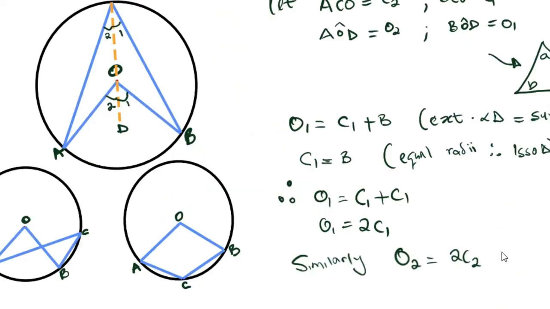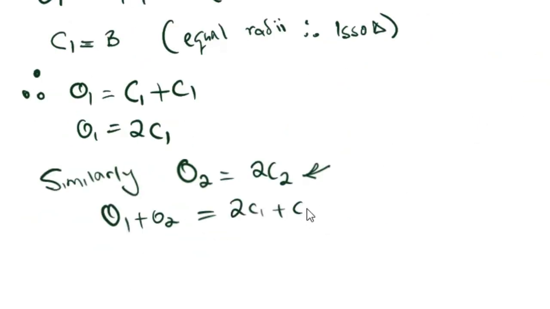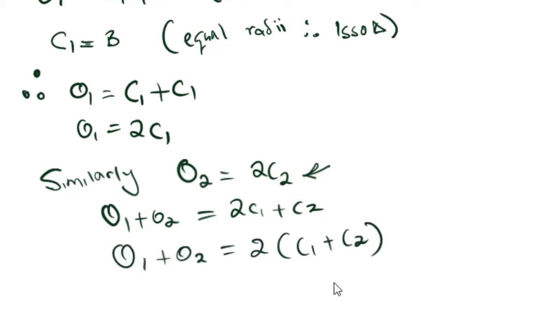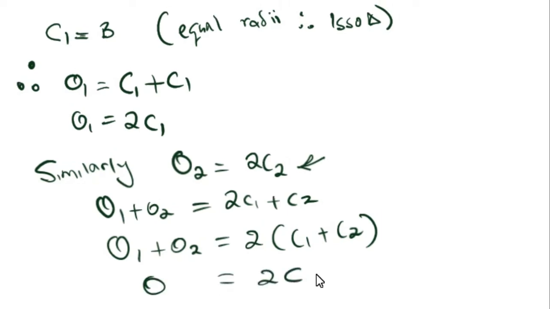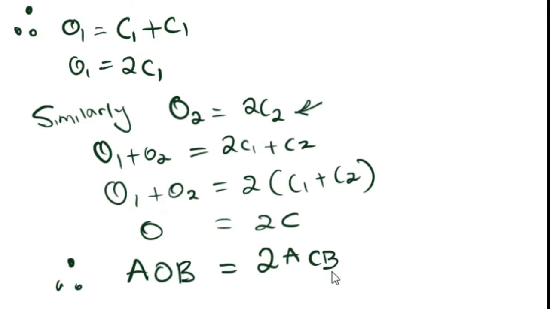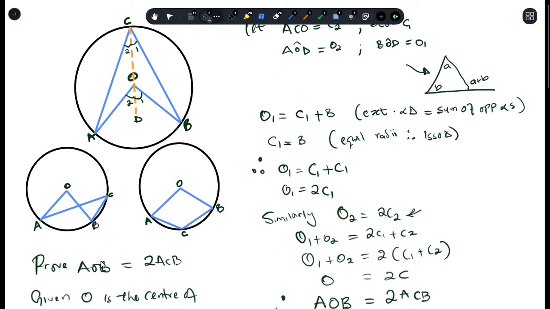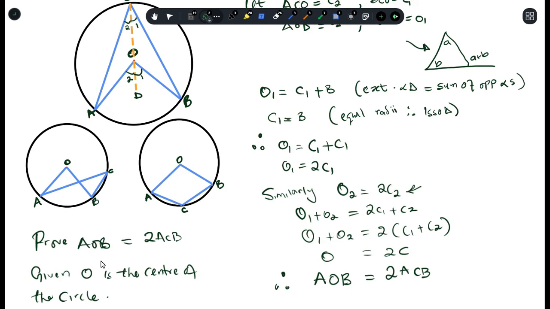So after we've gotten O1 is equal to 2C1, we do the exact same thing for the other triangle COA. And when we do that, we are going to get this. If you add those two answers that we got, you would have this. This is how you would prove the statement: angle at center is equal to twice angle at circumference.